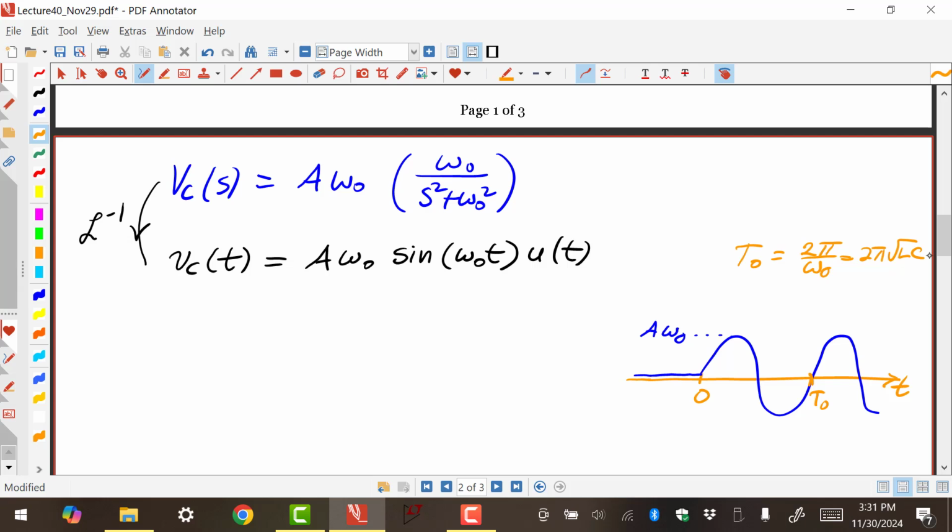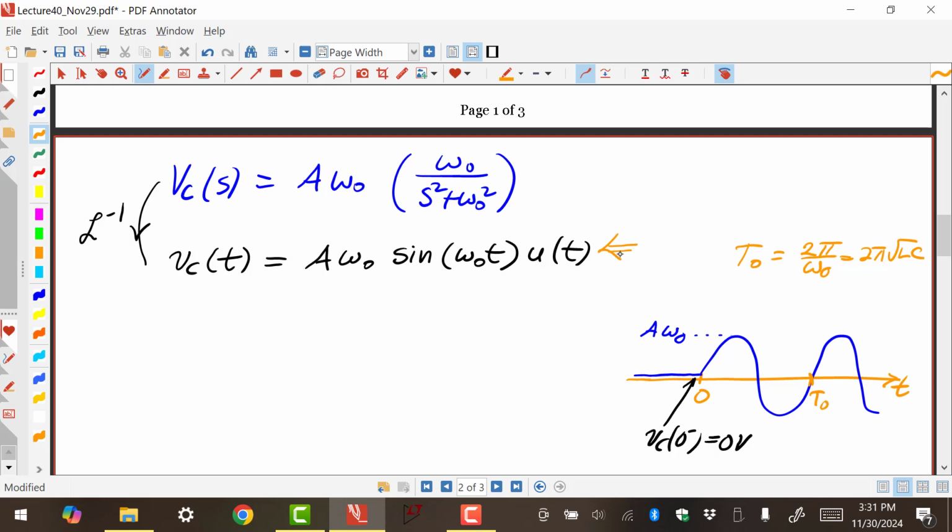And what you see from here is that in this case, the initial condition Vc0 minus is obviously 0. So Vc0 minus is equal to 0 volts. Vc0 plus is also 0 volts, because if you plug in t equals 0 into this function, sine of 0 is 0.